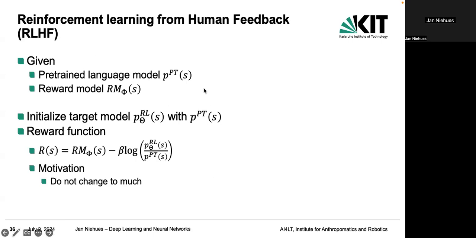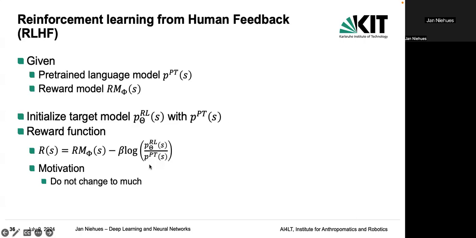That's why, when you have your pre-trained model and your reward model, we saw that the reward function is the output of the reward model. But now you're also saying that the difference between the probability of your new learned model and the probability of the original should not be too big. So you don't want to go completely off.